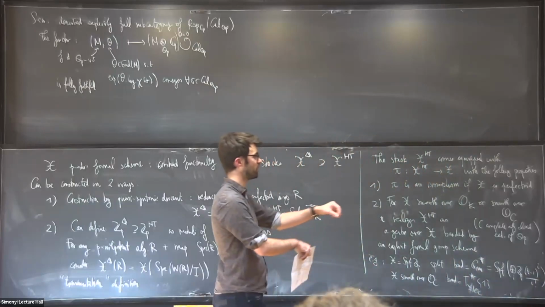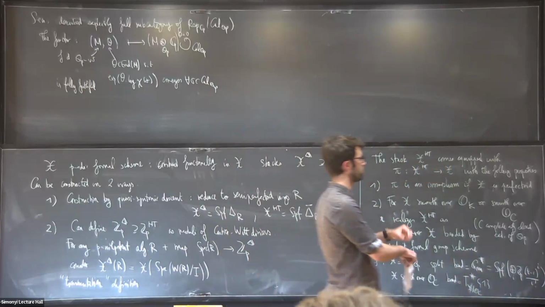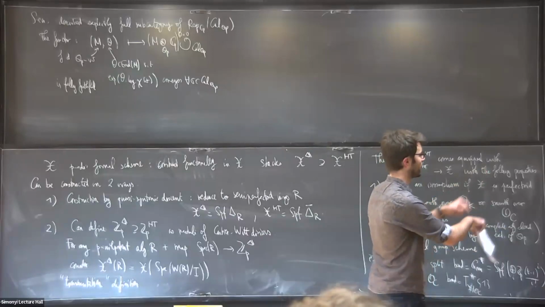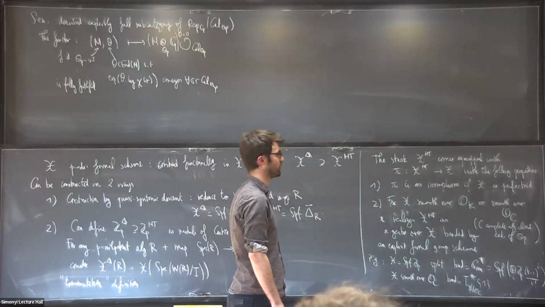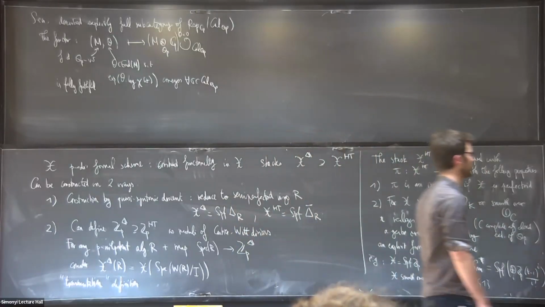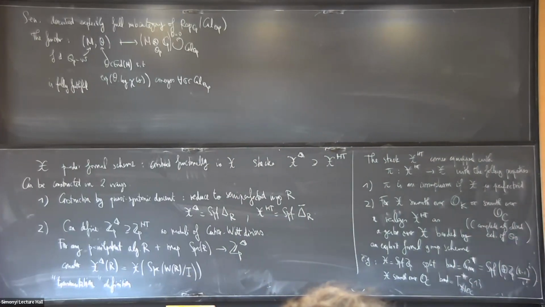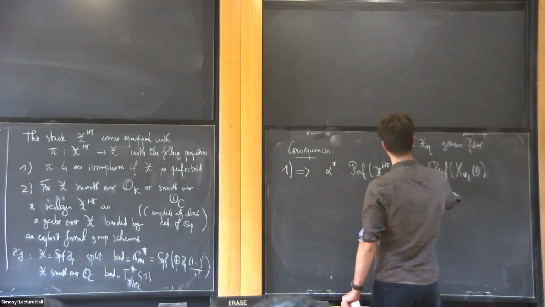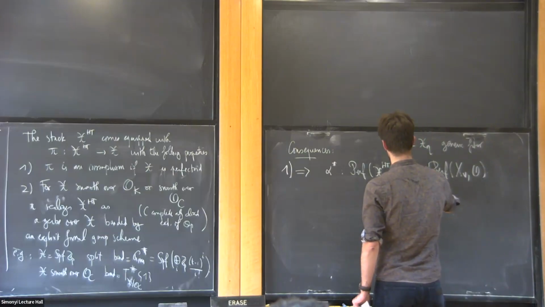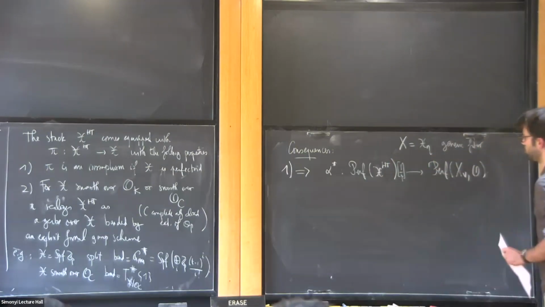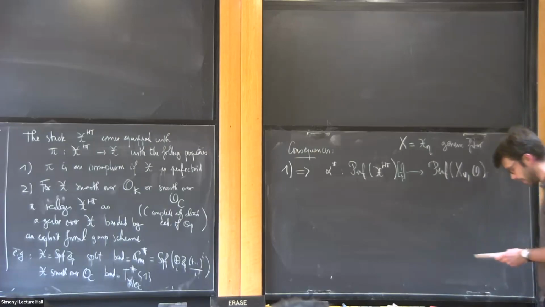In other words, the map from the formal spectrum of R plus to the Hodge stack of X will naturally lift to the Hodge stack, and you can just pull back your perfect complex along this map. And because here p is inverted, this will actually factor through the isogeny category. So you get such a pullback functor.